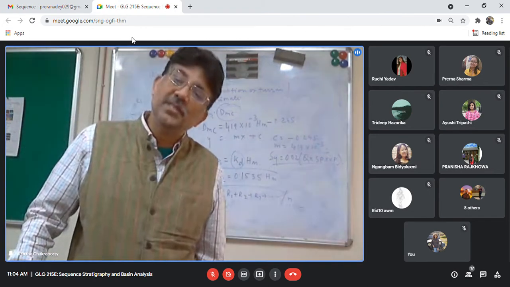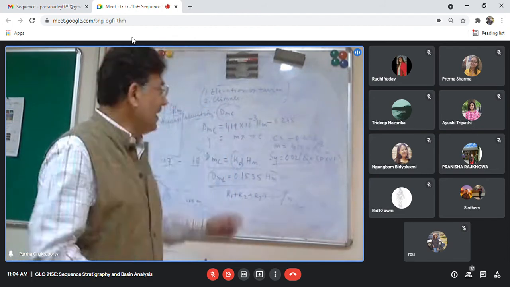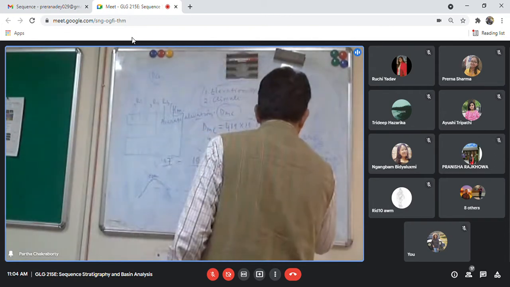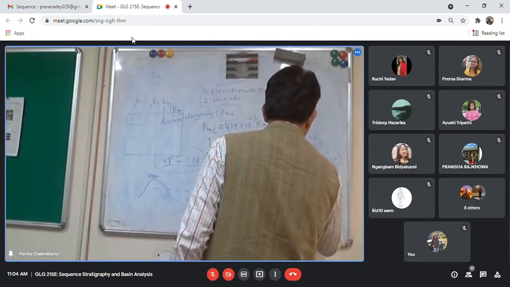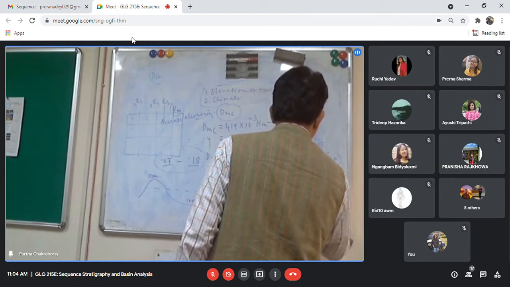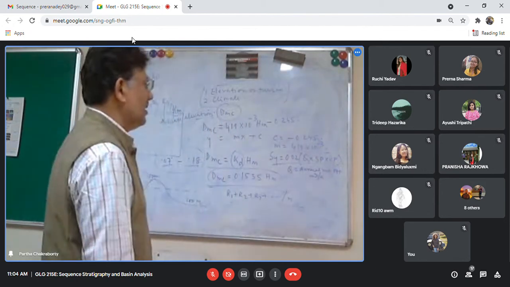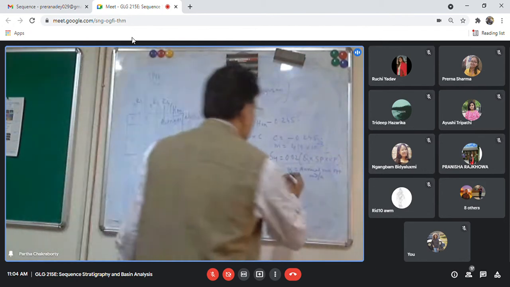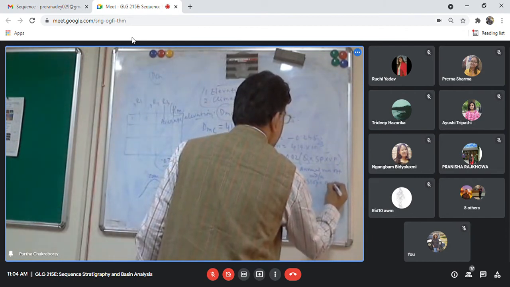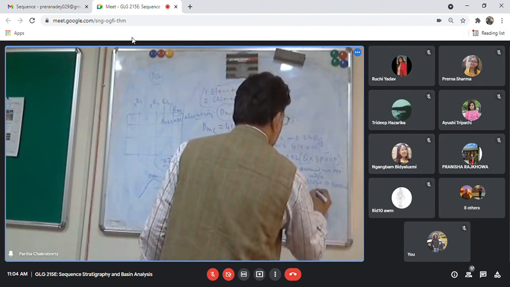I did it for specific yield of chemical denudation as well. So for mechanical, what is Q? Q is the annual runoff, in meter cube per annum. What is SP? SP is the slope of terrain, measured in radian.